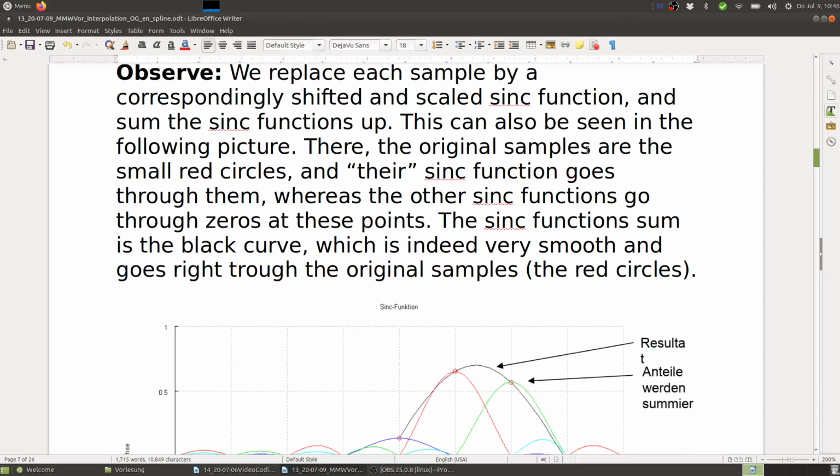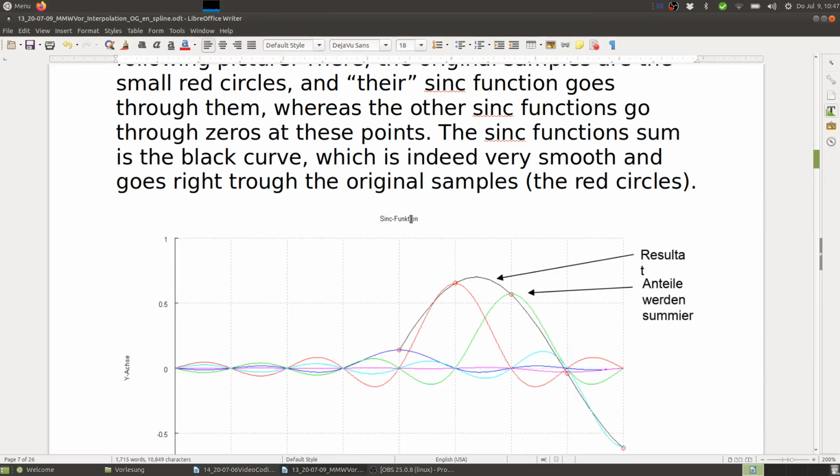There the original samples are the small red circles, which you can see here. Their sinc functions go through them. Here, for instance, the green curve is the corresponding sinc function, whereas the other sinc functions go through 0 at these points.